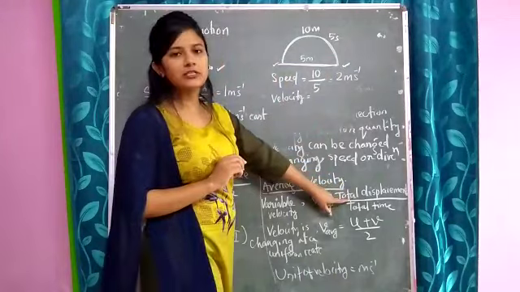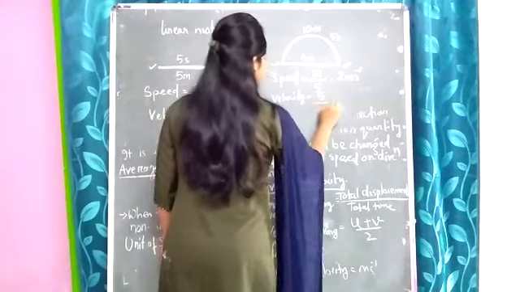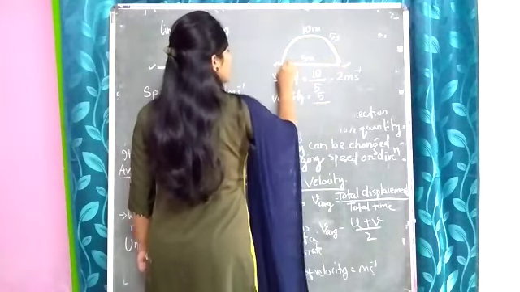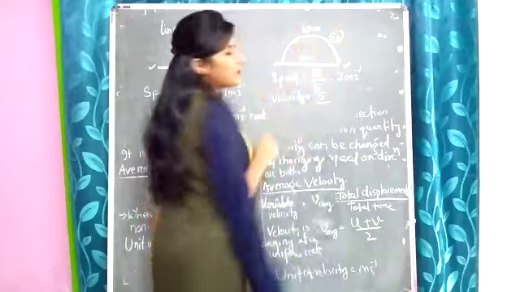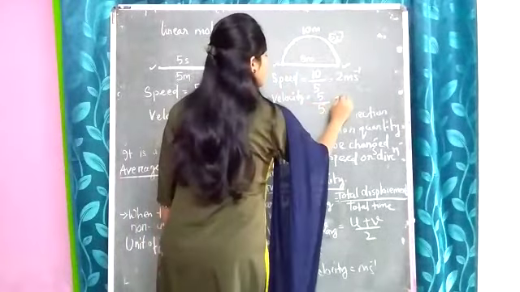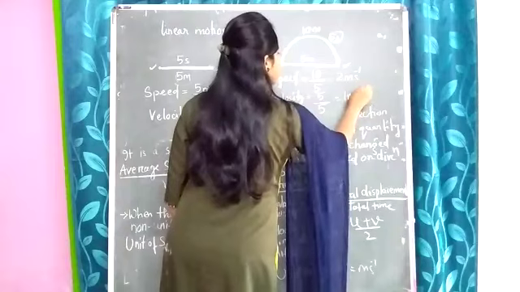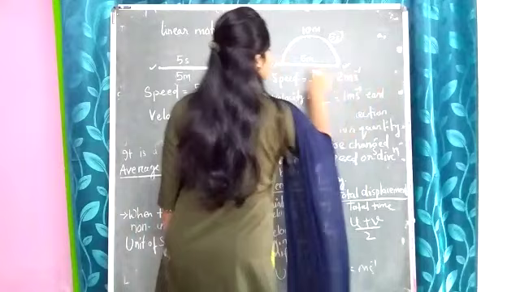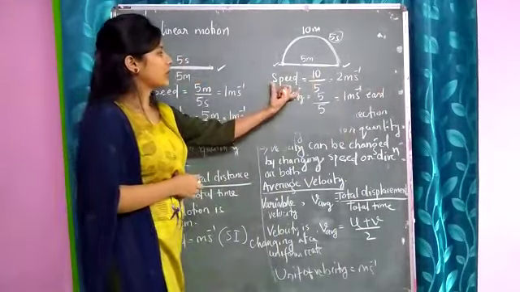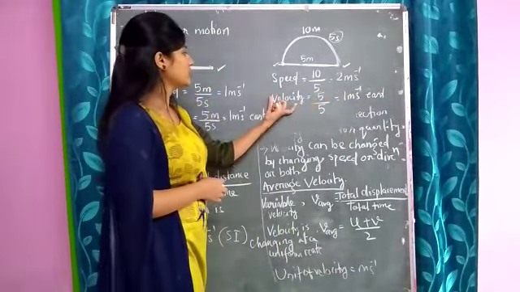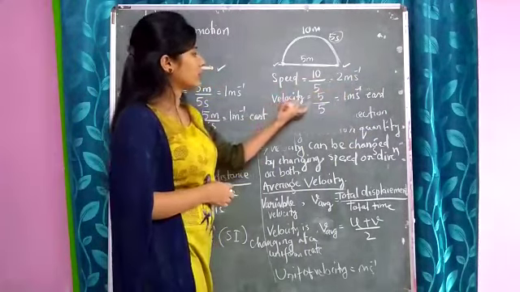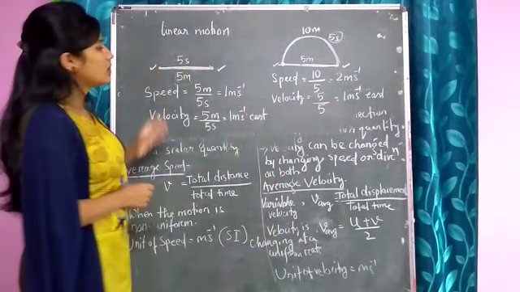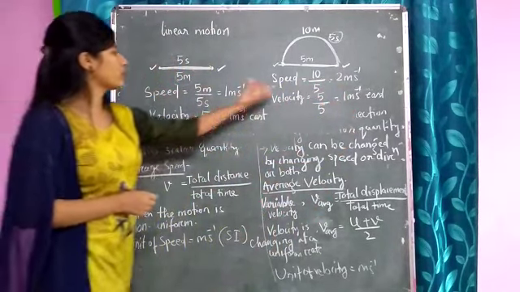So in place of displacement I write 5, divided by the time taken by the body to move from here to here, which is the same 5. So it will be 1 meter per second towards east. So for this case we found that the speed value and the velocity value do not come out equal.